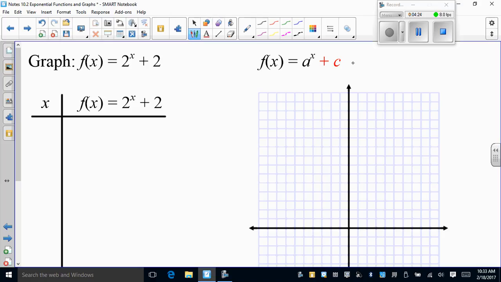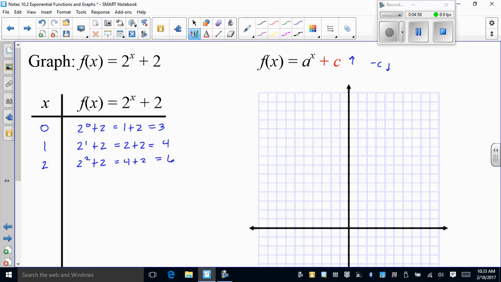So 2 to the 0 plus 2 gives me 1 plus 2, or 3. 2 to the first plus 2 gives me 2 plus 2, or 4. 2 squared plus 2 gives me 4 plus 2, or 6. Notice that everything is just moving up 2, because these were the values before, and then we added 2 to it.